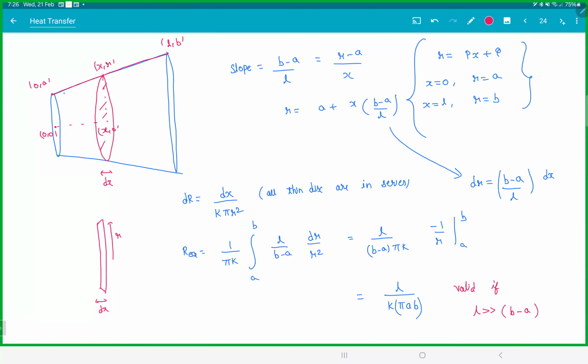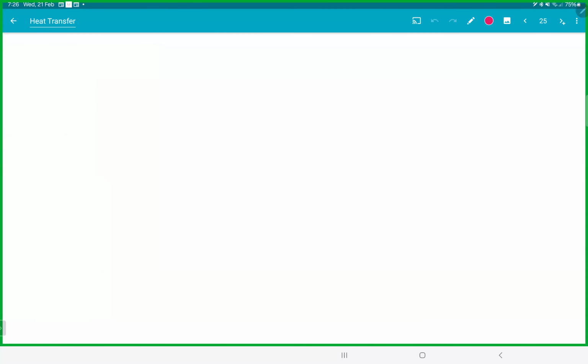Anyway, let's see what happens if L is not much greater than B minus A. If L is comparable to B minus A, can someone tell me how the heat will flow?